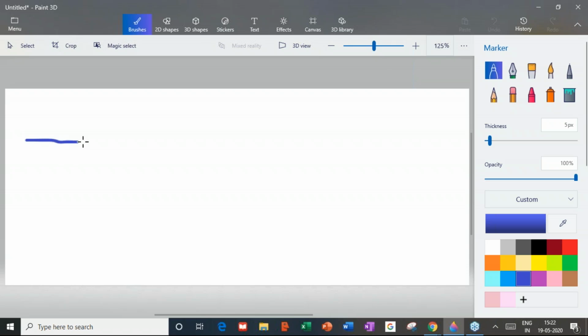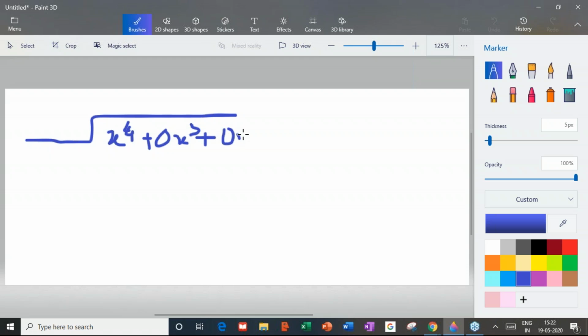So p of x is x to the power 4 plus 0 x cube plus 0 x square, and then it is minus 5x plus 6, right?